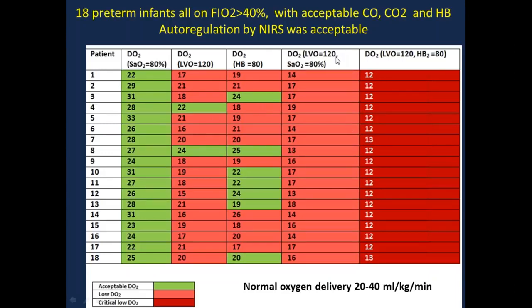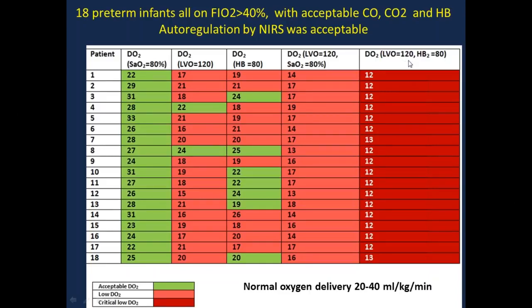And then we calculated the equation with low cardiac output of 120, keeping the hemoglobin the same, but considering saturation to be 80%. Then the oxygen delivery decreased even more.